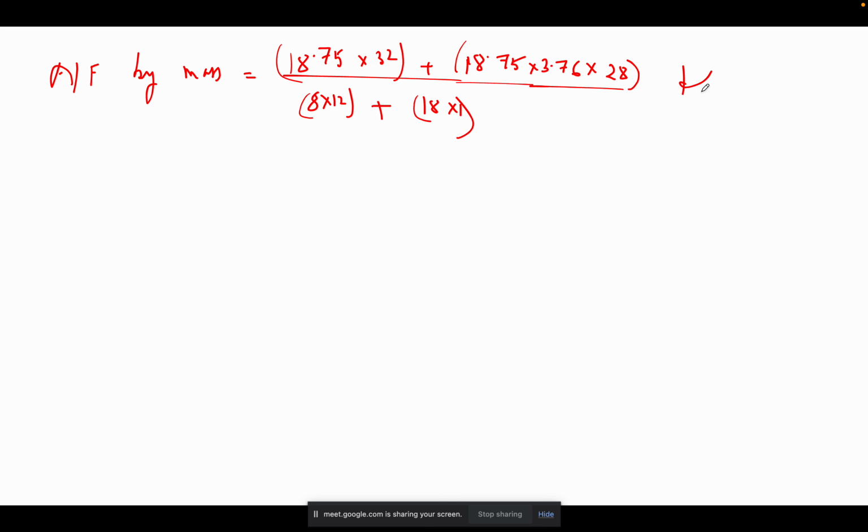Okay, this will be kg of air divided by kg of fuel. Okay.